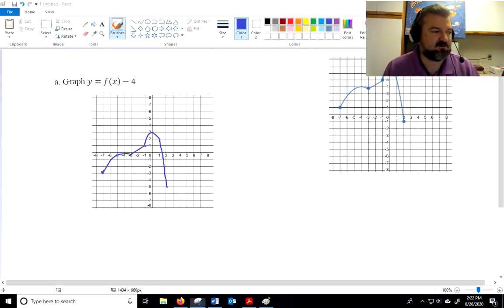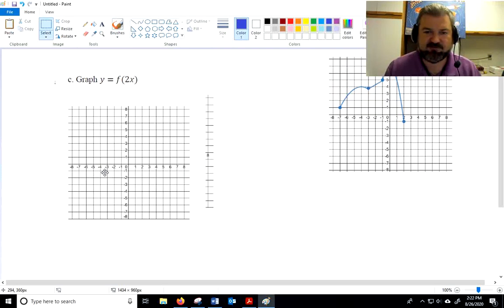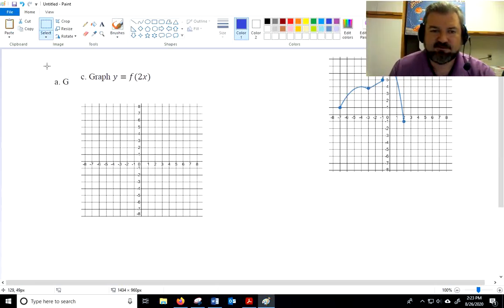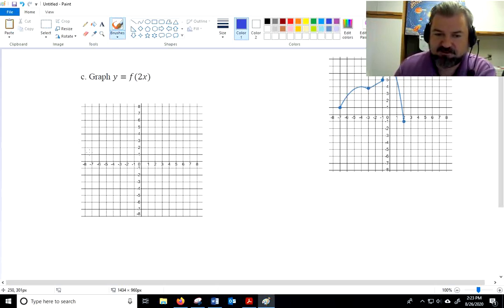All right, next you had the graph y is equal to f of 2x. Let's see how you did on that one. That should be a horizontal compression by a factor of 2. So all of my x values I'm going to divide by 2. So -2 is going to become -3.5. That -3 is going to become -1.5.